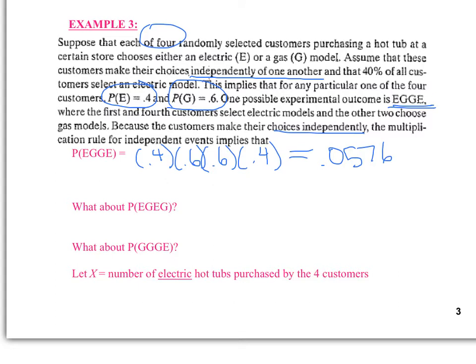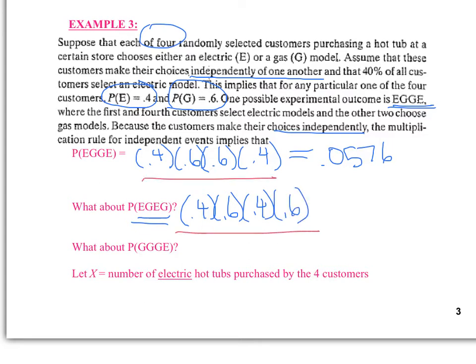So there's about a 5 to 6% chance that if we look at 4 customers in a row, they would purchase that combination. Well, if we look at a different outcome, EGEG, electric gas, and I go to find that probability, it's really the same thing using the commutative property. Both of these are 0.4 squared and 0.6 squared. So this outcome is going to equal 0.0576 as well.